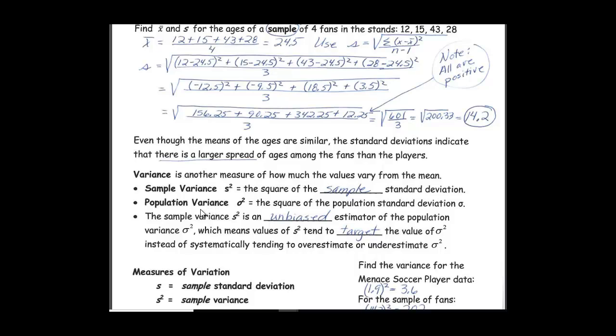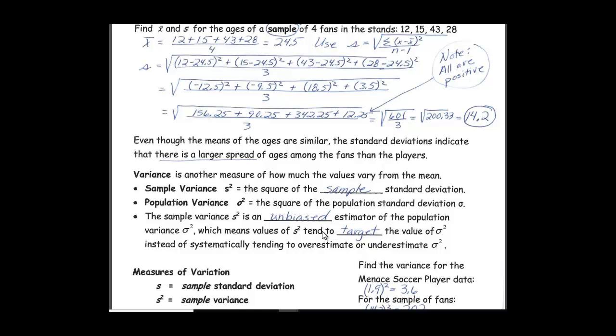So that's why we take a sample and calculate the mean and the standard deviation, because we know that the sample variance is an unbiased estimator of the population variance, which means that this sample standard deviation squared, which is our sample variance, tends to target the population variance.